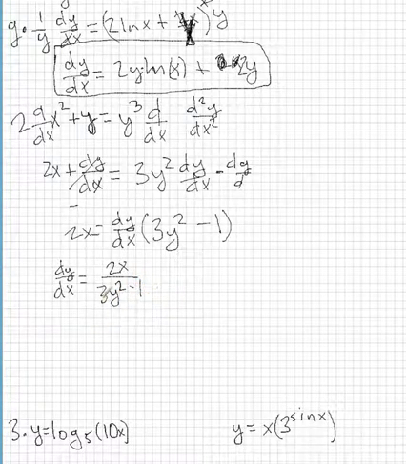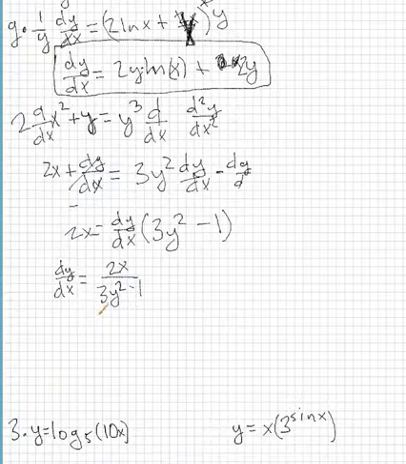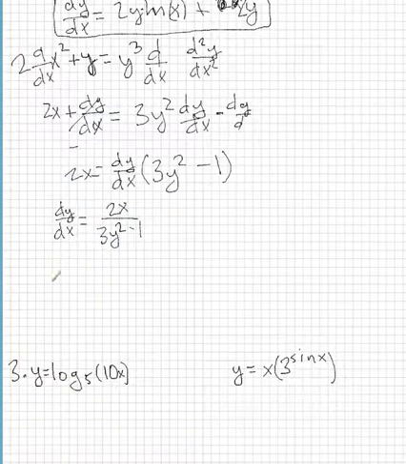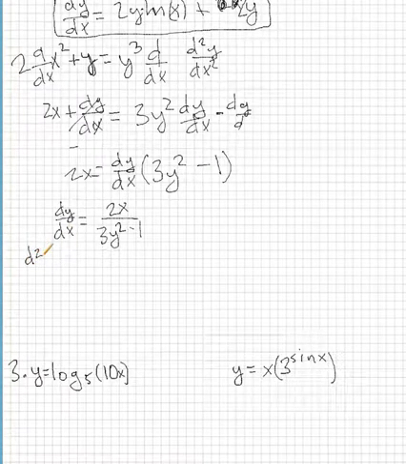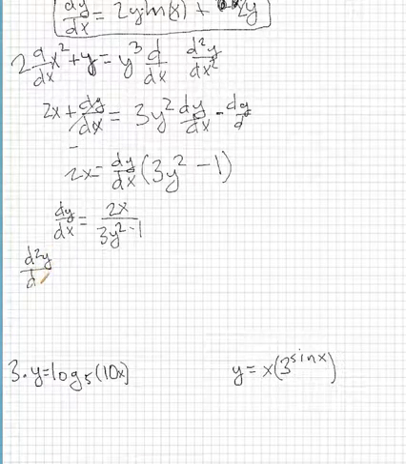Okay? So now what we need to do is implicitly differentiate both sides again. So we're going to use the quotient rule now. So this is d2y/dx2.